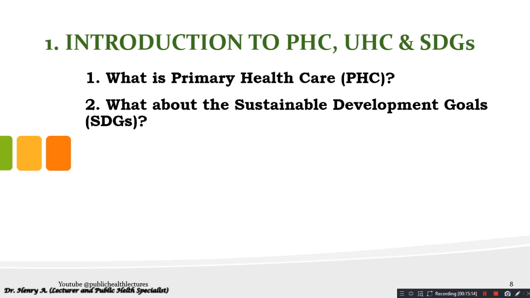Let me repeat the principles again. The core principles of the PHC: number 1, universal access; number 2, community involvement; number 3, health promotion; number 4, appropriate technology; and number 5, intersectoral collaboration.